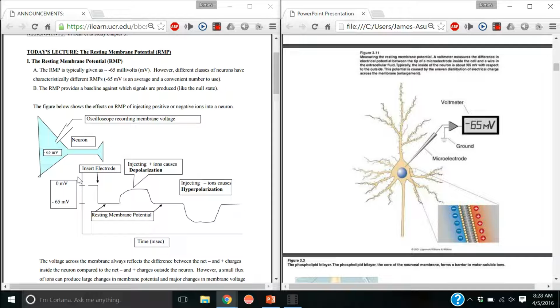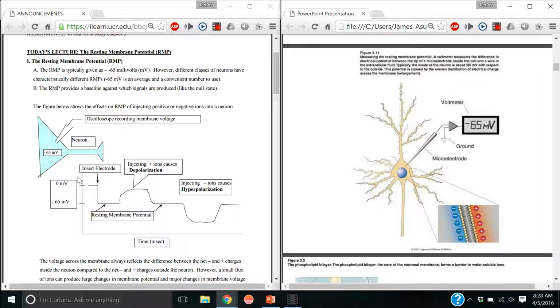So what happens here at the beginning is that the microelectrode is outside of the neuron, so you're not measuring membrane potential; the potential is 0. And then at this point, the electrode penetrates the membrane, and what happens is a virtually instantaneous drop in membrane potential to the resting value of minus 65 millivolts.